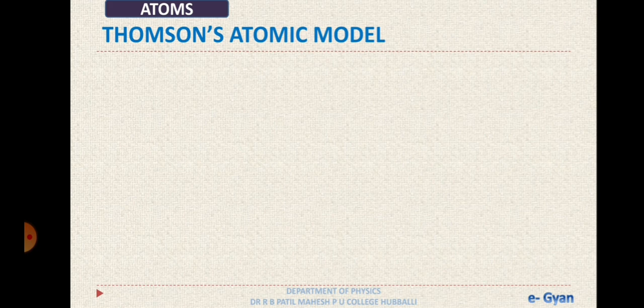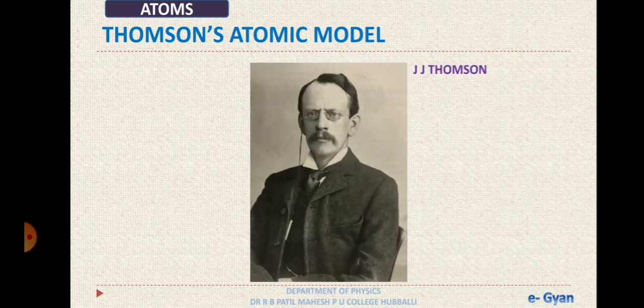Let us begin with Thomson's atomic model. Many people from Dalton to Sommerfeld have given their picture of the atom. In the beginning, the most convincing model of an atom was given by Sir J.J. Thomson.